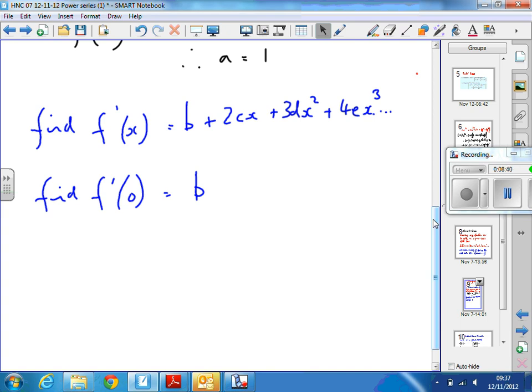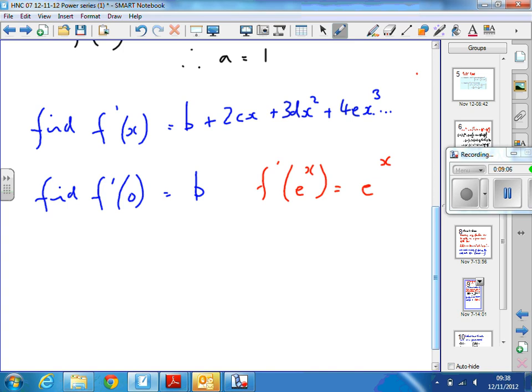But what is the first differential of e to the x? The first differential of e to the x is e to the x.